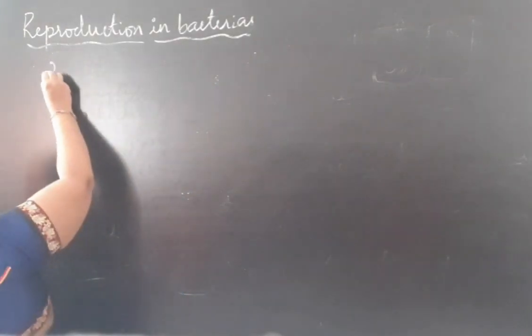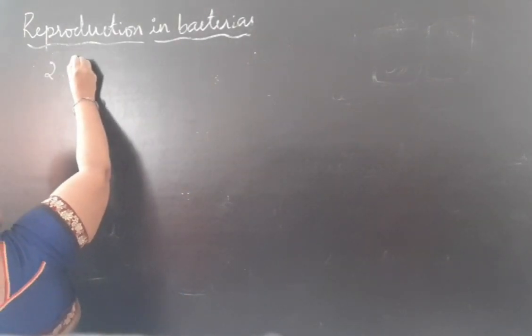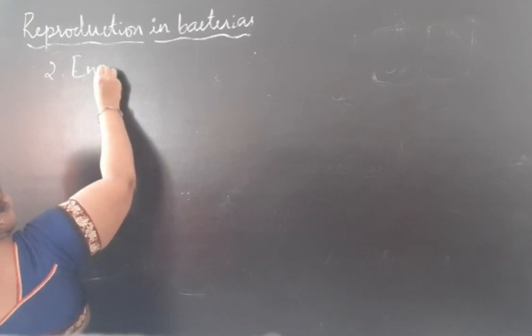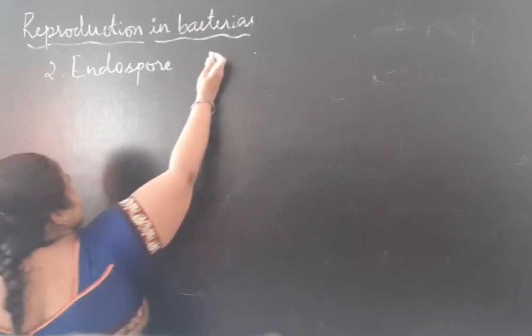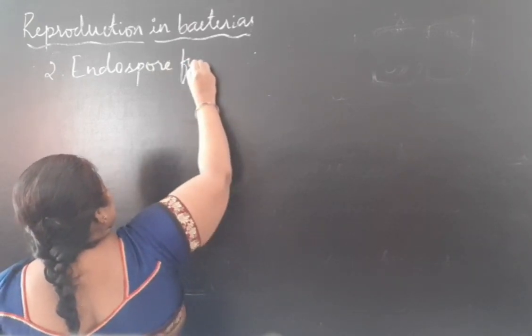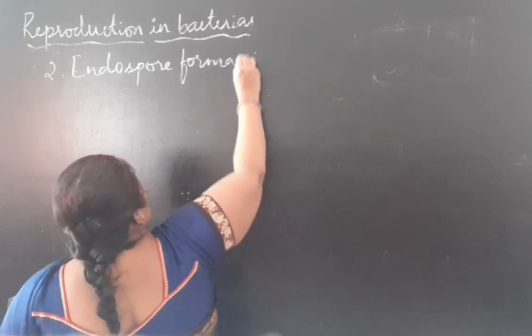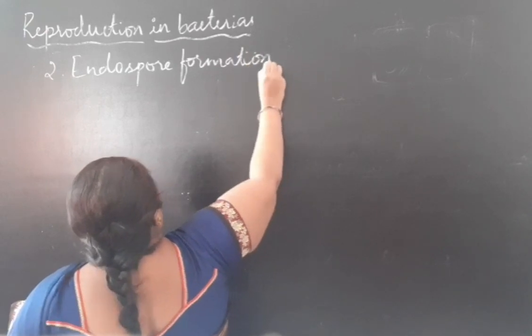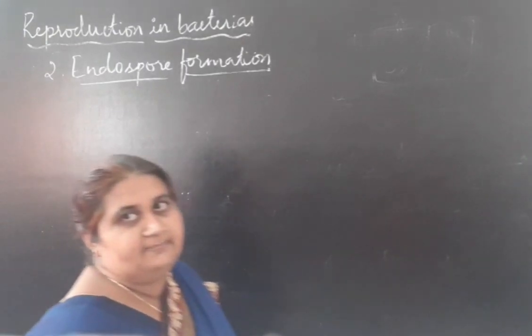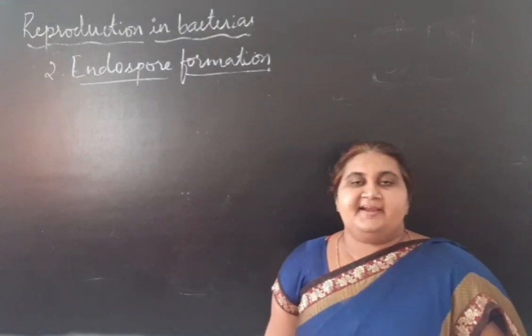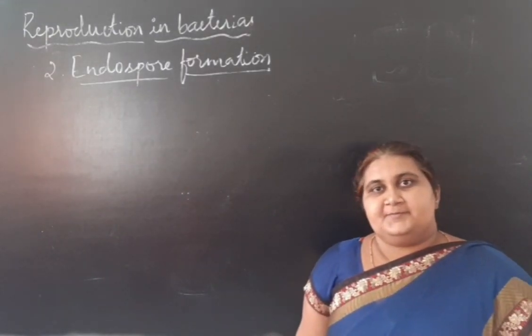And the second method in asexual reproduction is endospore formation. What is endospore formation?